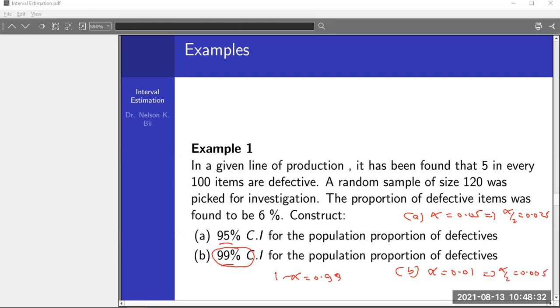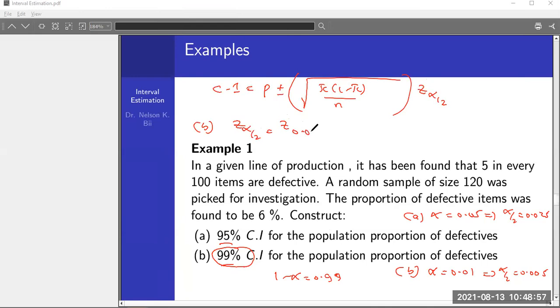Okay. So when we talk of the confidence interval for the population proportion, given by the sample proportion plus or minus the square root of pi into 1 minus pi divided by n, okay, times z alpha by 2. So for the second question here, our z alpha by 2 is z at 0.01 divided by 2.